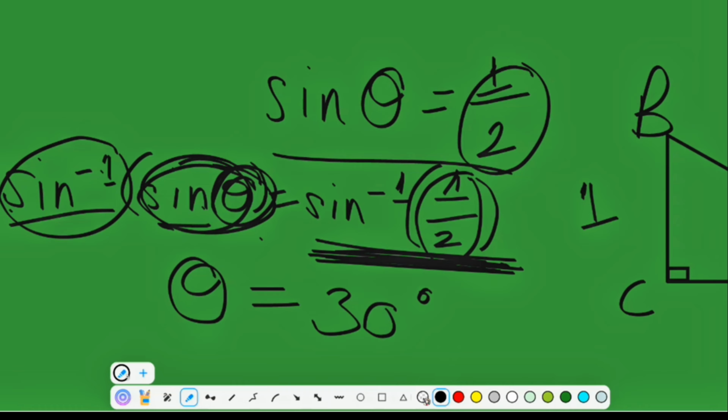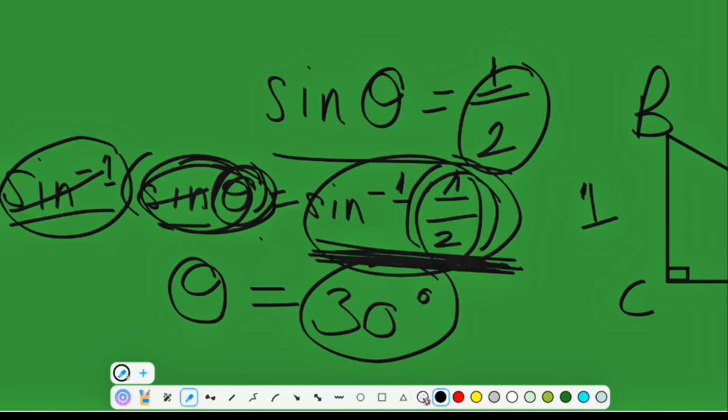So what happened exactly? This is my trick. I don't know if this is valid or not. Just be like sine canceled sine. And we only got theta. So right here, since 1 over 2 is already a trig ratio, the entire thing has to be equal to a certain angle. So theta is equal to 30 degrees. That's how you find an angle.